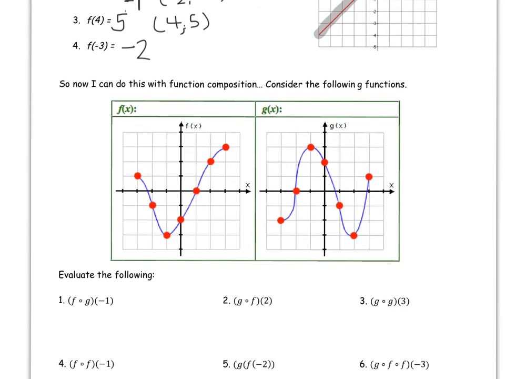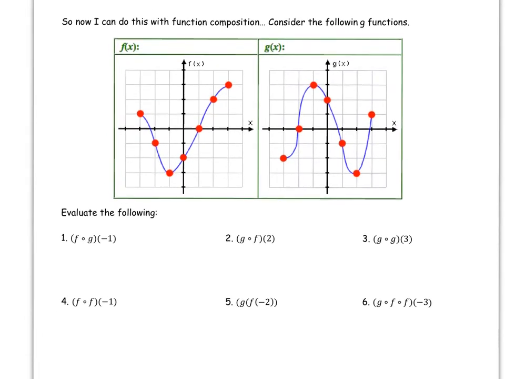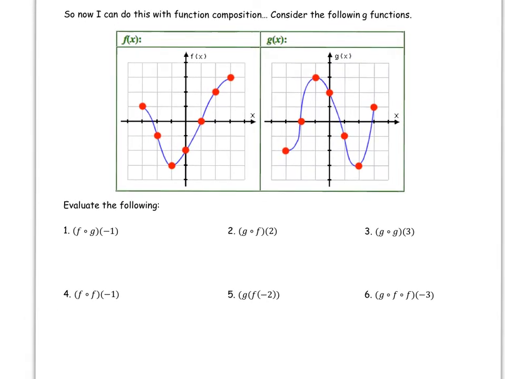Evaluating a function on a graph I can do, but now let's look at what happens if I want to do a composition of functions, function composition. We talked about this last class where we work from the inside out, but let's actually look at it with graphs. If I look at this first one, f of g of negative 1, I want to work from the inside out. So I want to do g of negative 1 first. Notice this is g of x and that's f of x.